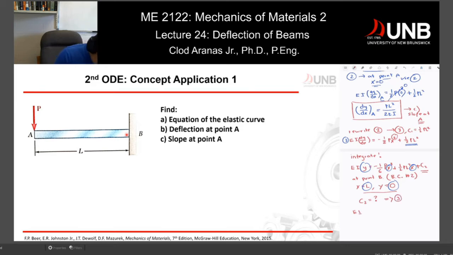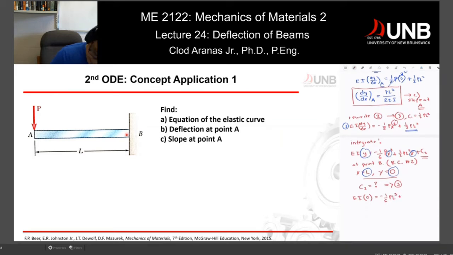So we have EI y now becomes 0 is equal to, now we have x is equal to L, so that's negative 1 over 6 P L raised to the 3 plus 1/2 P L squared times L, so you have another L right there, plus C2.